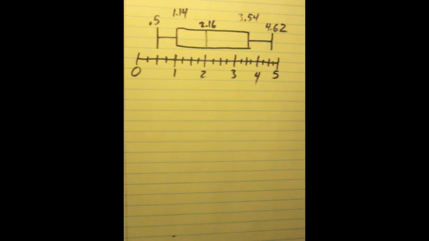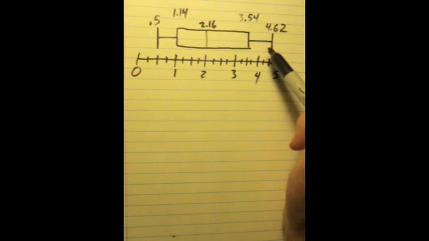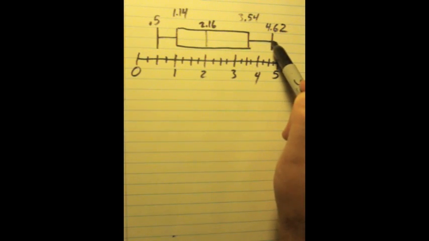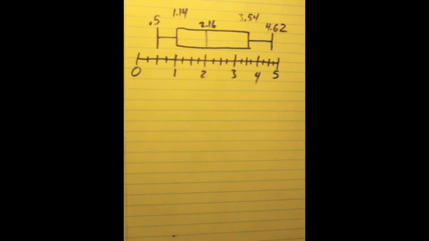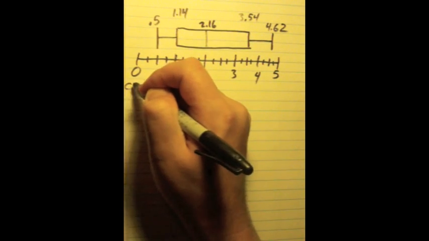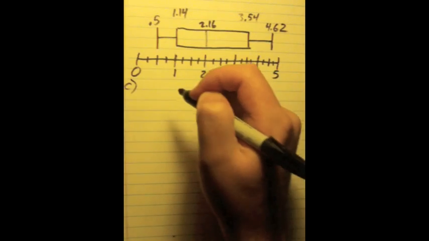For the last part of this that I'm going to go over today, we're looking at part C, which talks about identifying any outliers in the cost per ounce data. This whisker right here doesn't look like it's long enough for there to be any outliers, nor does this whisker right here, but I've got to run through the process anyway. So C is all about identifying outliers.